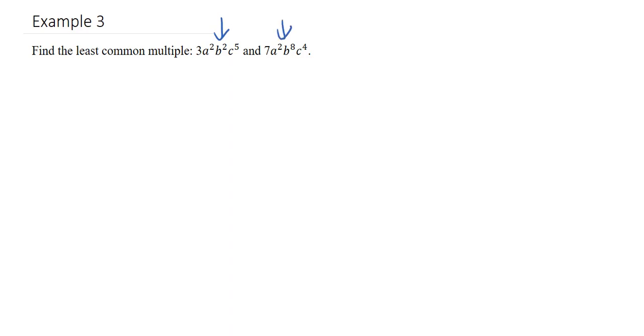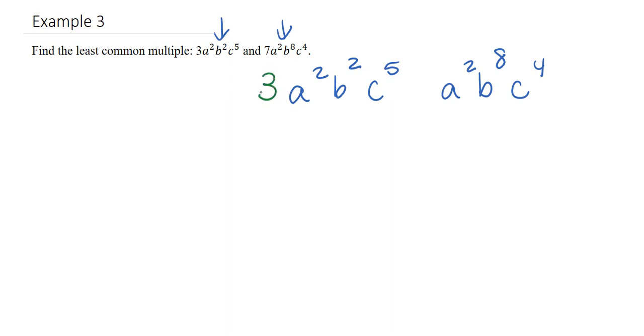Once again, let's go ahead and just write out our variables. And now let's go ahead and write our numbers, but in a different color. So we're looking at these two. Let me make sure there's a distinction.